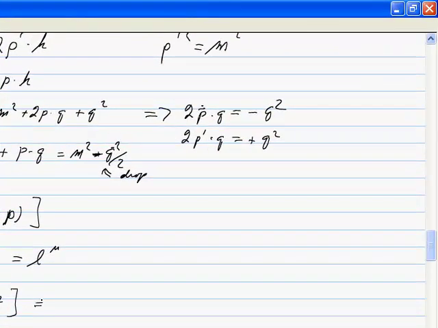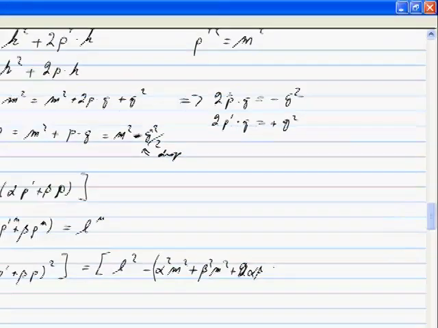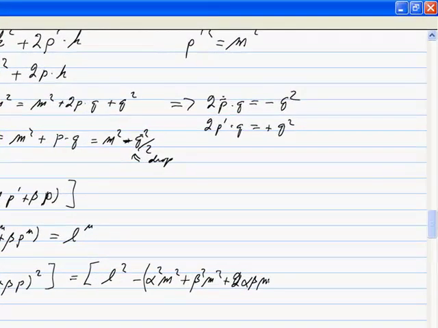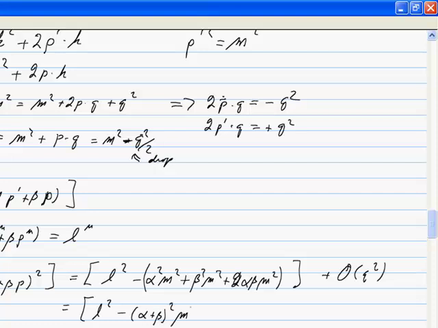Which is L squared minus alpha squared m squared plus beta squared m squared plus 2 alpha beta turns into m squared also, because p dot p prime is m squared plus q squared, so I call that m squared plus order q squared, which is alpha plus beta squared m squared.